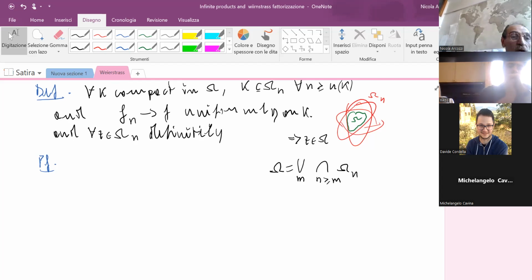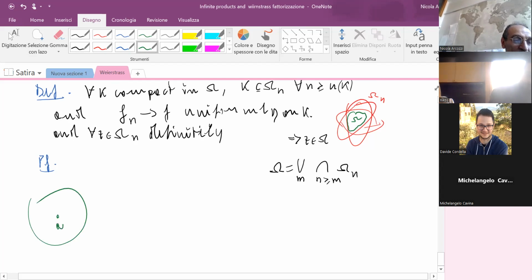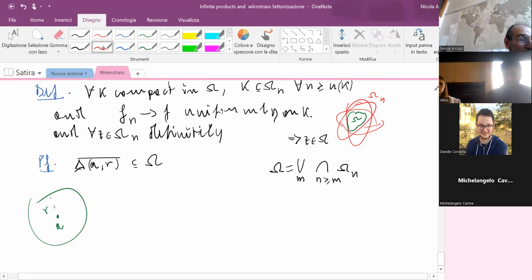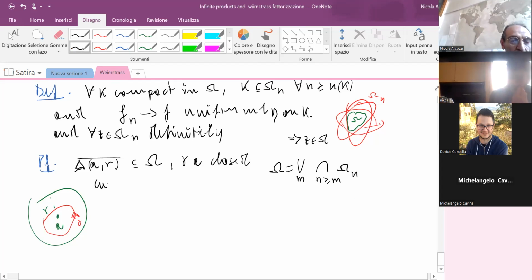So pick a disk of center A, radius R, contained in omega. That's a compact set, so it's definitely in all of these sets. Then pick any closed curve gamma inside the disk.